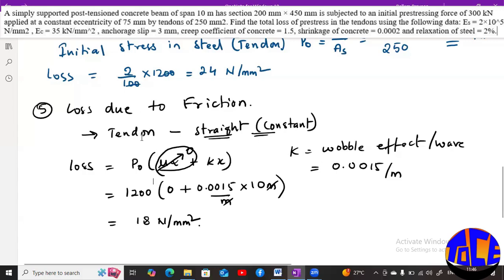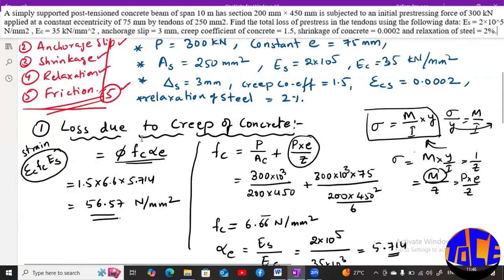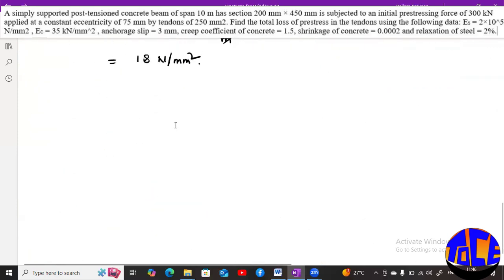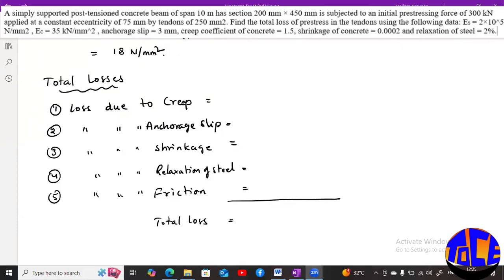So we have calculated all the 5 losses. Now let us sum up all these 5 losses. The loss we got is around 37.7. The loss due to anchorage we got 3. And the loss due to shrinkage we got 40.